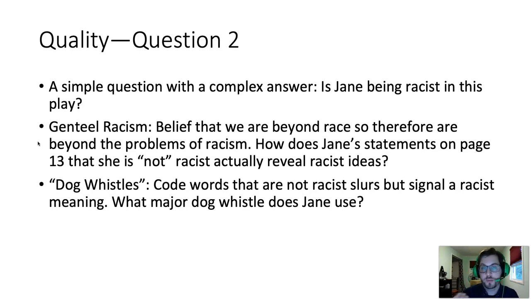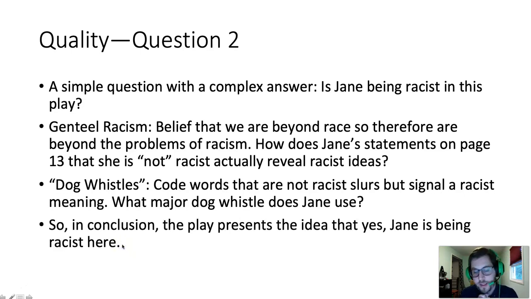As humans, we cannot hear it, but a dog will go crazy. They can hear it because their hearing is much better. So when we use the phrase dog whistles, we are talking about a type of language that is signifying a racist meaning while attempting not to use any overt racist language.